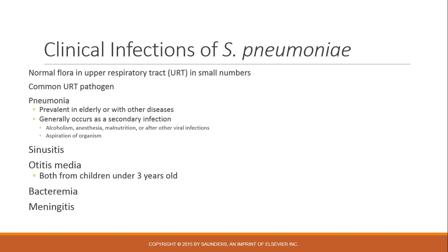So it's very common in the upper respiratory tract. And we see it a lot in elderly patients and people with other kinds of diseases that might be incapacitated for a while and not moving around. It can occur as a secondary infection, so maybe they're taken down by a virus. Then strep pneumo can set in if you aspirate an organism.